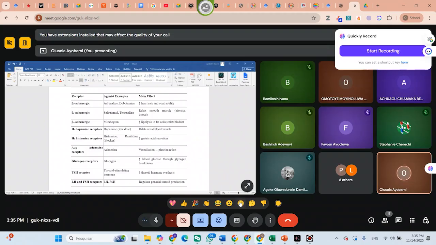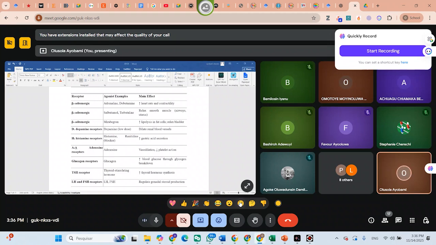Then we said that the G-alpha stimulatory enhances the proton pump. So, of course, we're expecting an increase in gastric acid secretion. Then all these other effects are just a result of all the things you have said earlier on. The G-alpha stimulatory can also make the glands secrete their hormones.